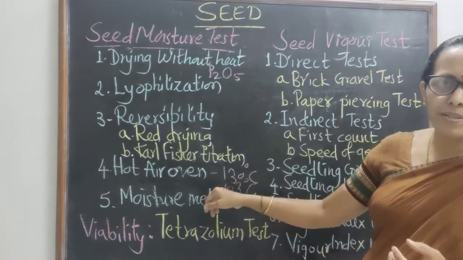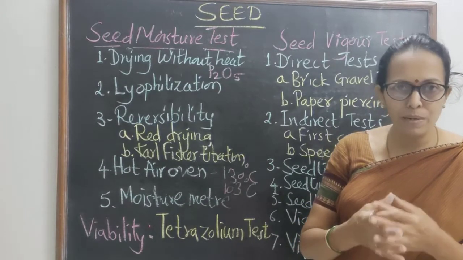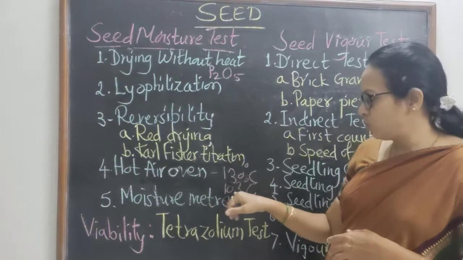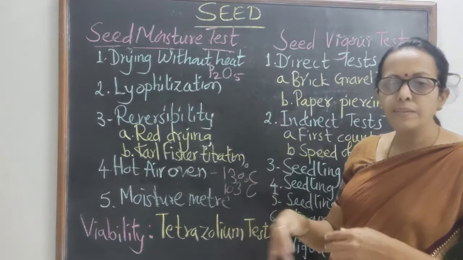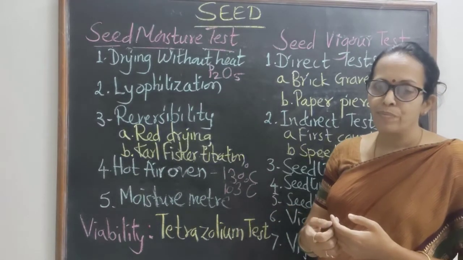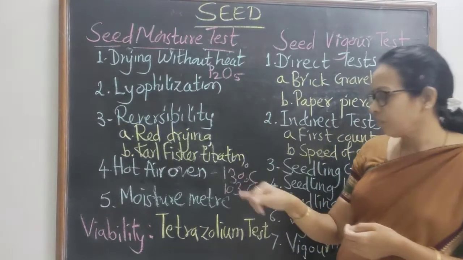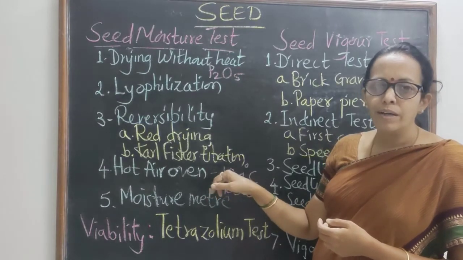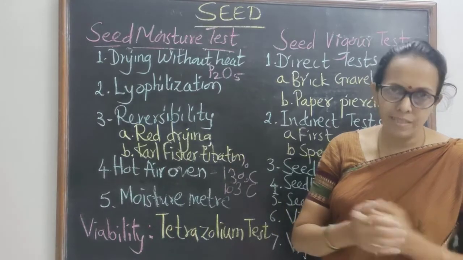So when the seeds are very small, having a low moisture percentage, we are going to use low temperature treatments. And when the seeds are larger and have more moisture in them, we are going to use higher temperatures to get the difference between the dry and moist seeds.